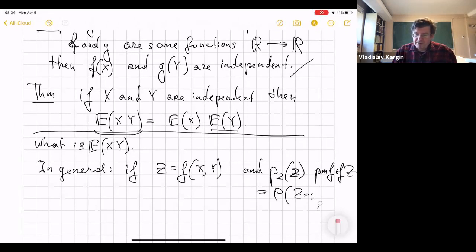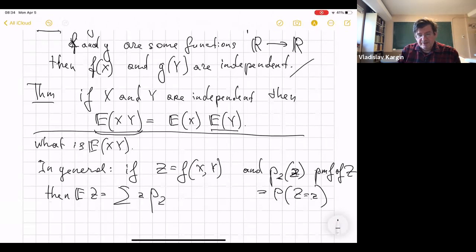In principle, I probably need to write calligraphic z. So then, just by definition, the expectation of z is equal to the sum of z small multiplied by the probability of z small, over z.